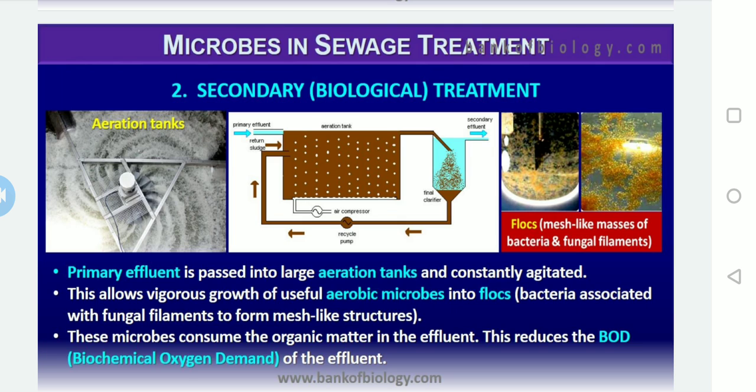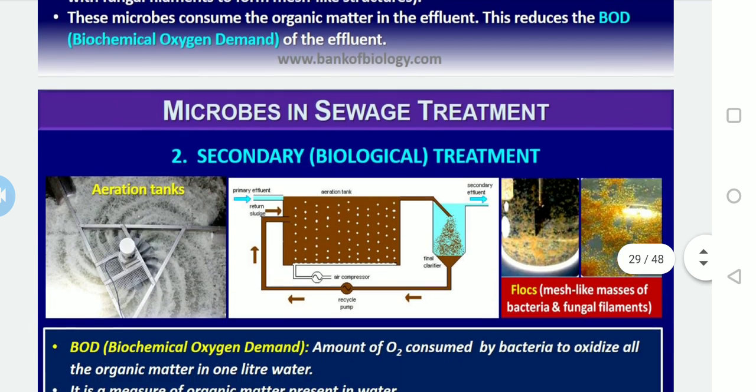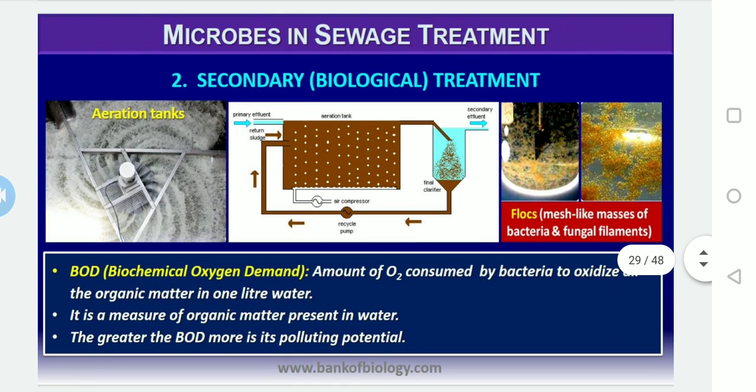Once the BOD of the sewage reduces significantly, the effluent is then passed into the settling tank. So how will it be measured? The amount of oxygen consumed by bacteria to oxidize all the organic matter in 1 liter.